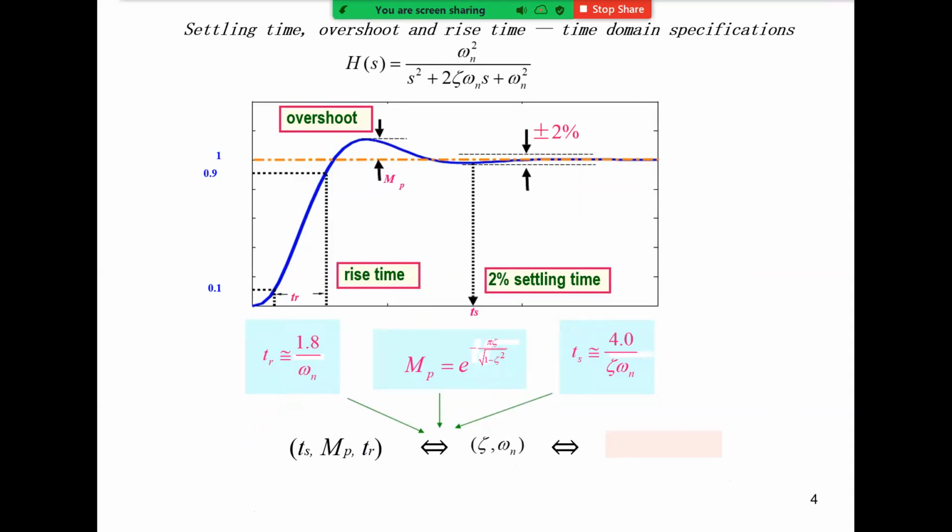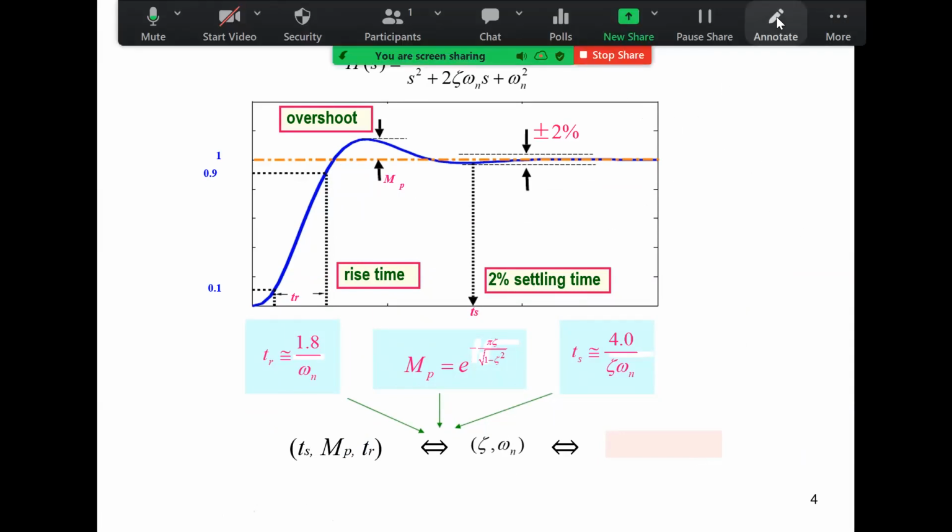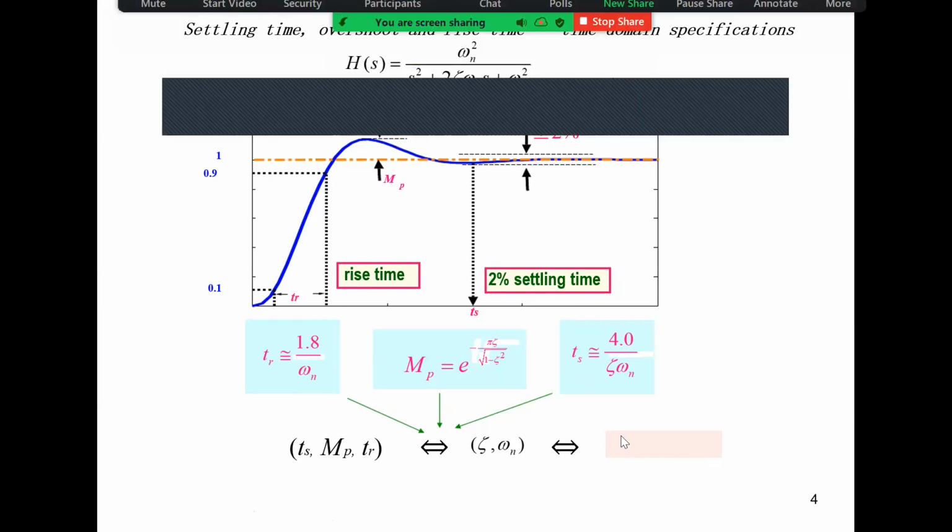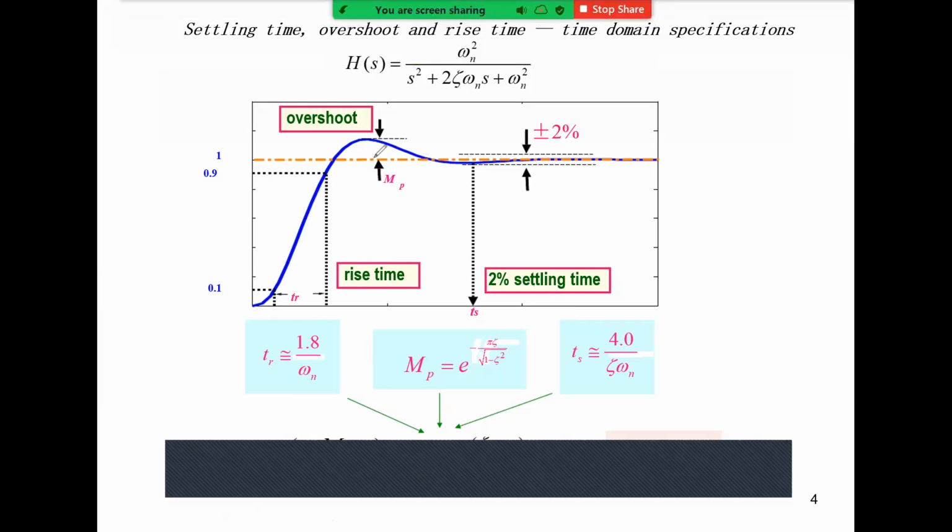Let's talk about the overshoot. Since you are doing the project, some students ask me, before it overshoots, probably it undershoots. Something like that.